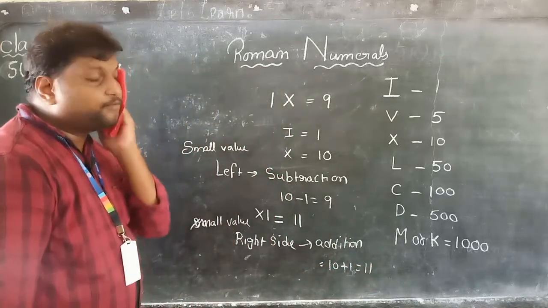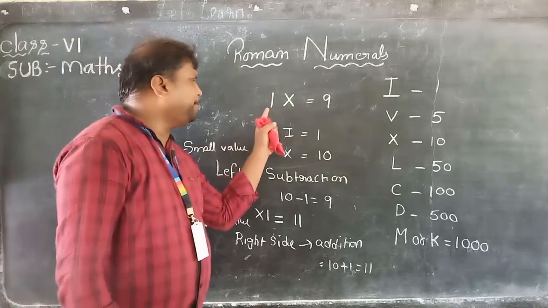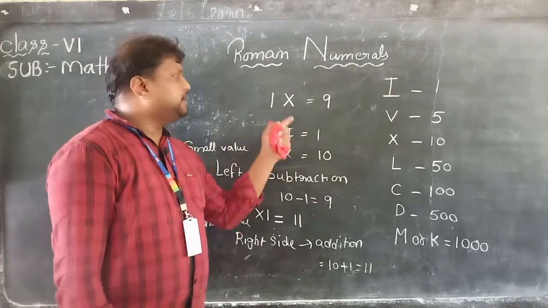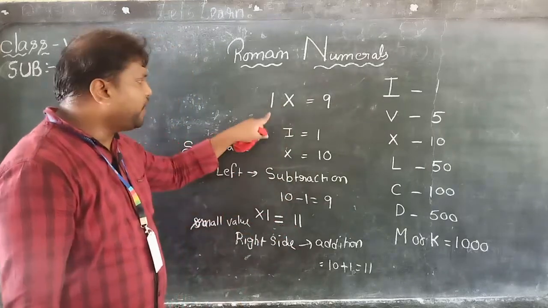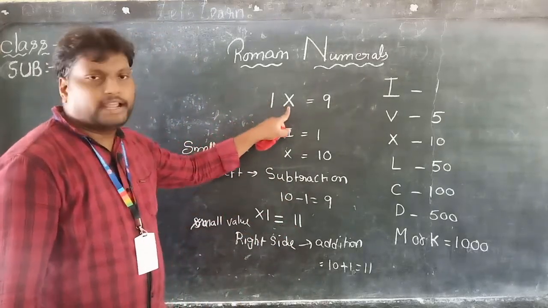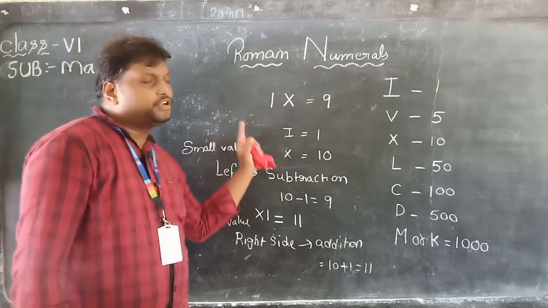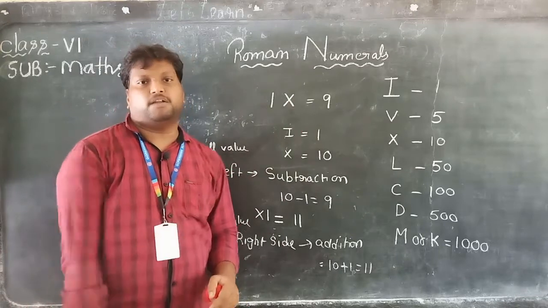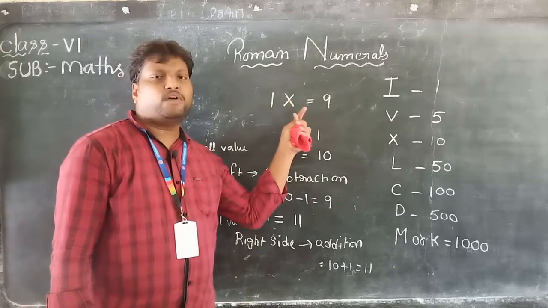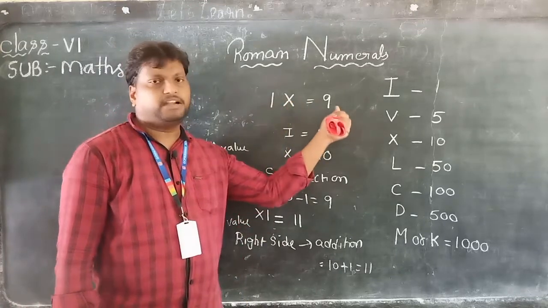Don't be confused; look carefully. Comparing I and X, the I value is 1 and the X value is 10. The I value is less than the X value. If I is on the left side, then compulsorily we have to use subtraction from the big one to the small one. The big value is 10, and 10 minus 1 is nothing but 9.